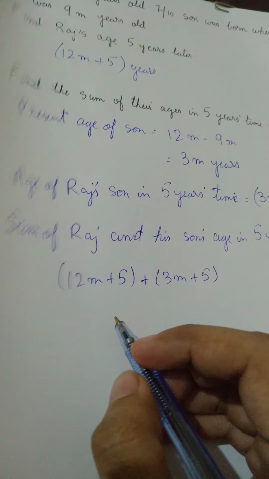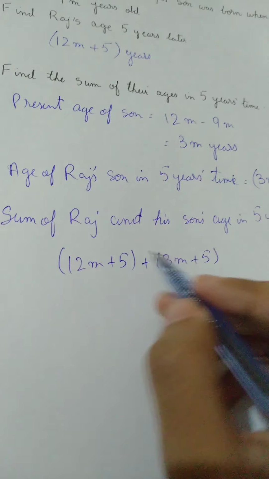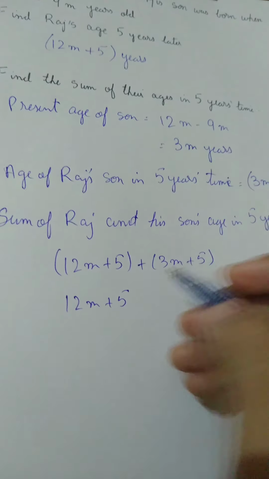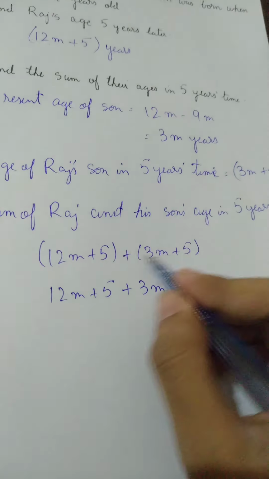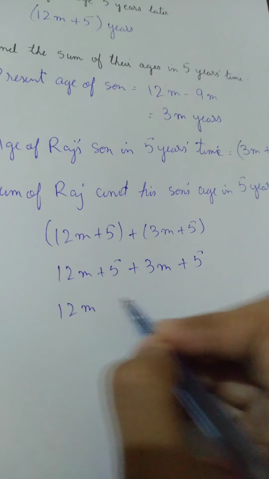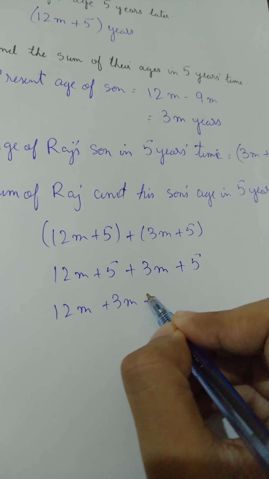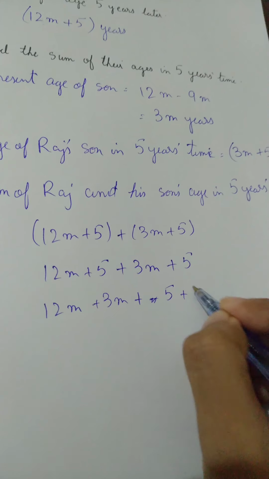Now we just have to solve them. I can open the brackets because both brackets are adding together, and nothing is multiplying here. So plus 3M plus 5. Now I can simply rearrange them: 12M plus 3M plus 5 plus 5.